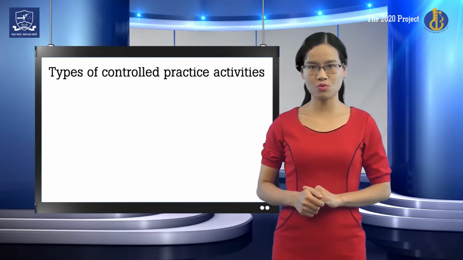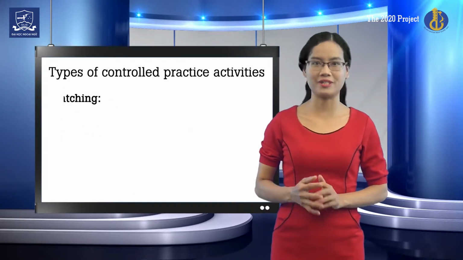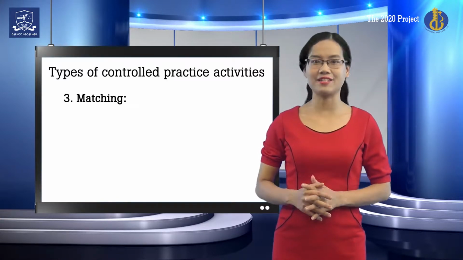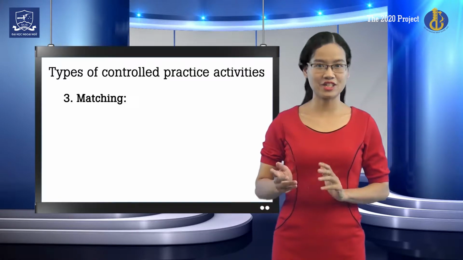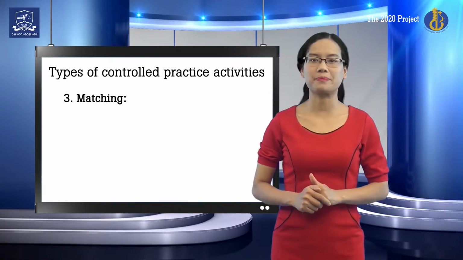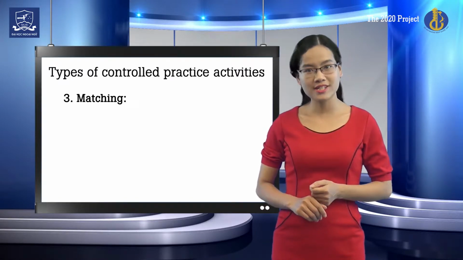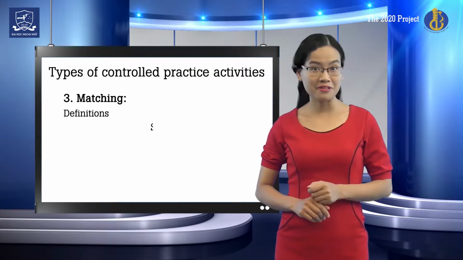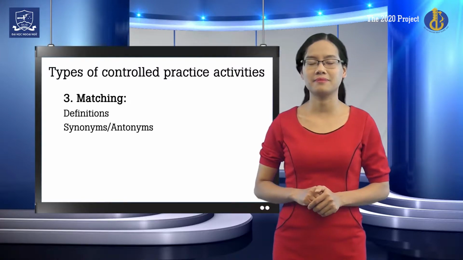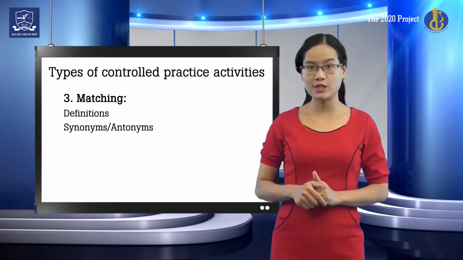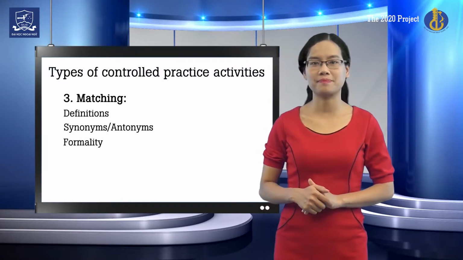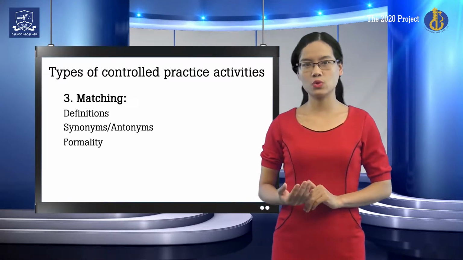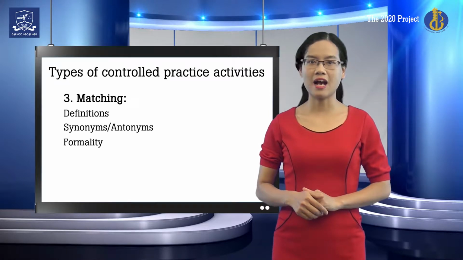Another popular controlled practice activity is matching. This activity refers to any activity where students match one item with another. They can match words or phrases to definitions, match synonyms and antonyms, match a phrase to its formality, for example, the phrase "I would like" and the phrase "I want."